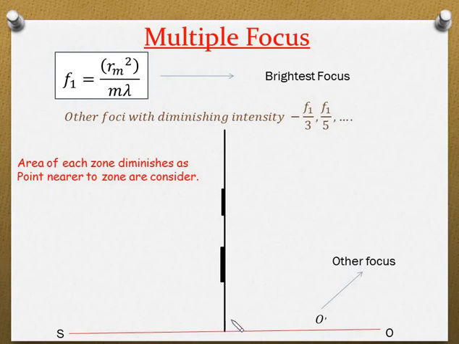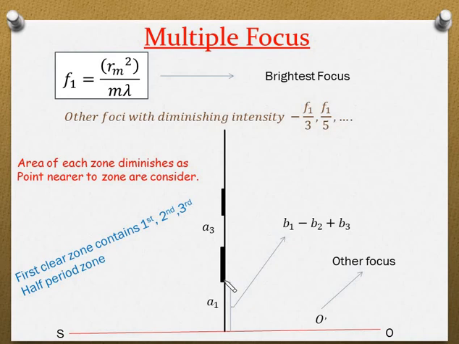This is the half period zone for the point O, but not for the point O prime. Basically, as you move to distance one third, this will contain 3 zones if you consider the point O prime: the first half period zone, second half period zone, and third half period zone.